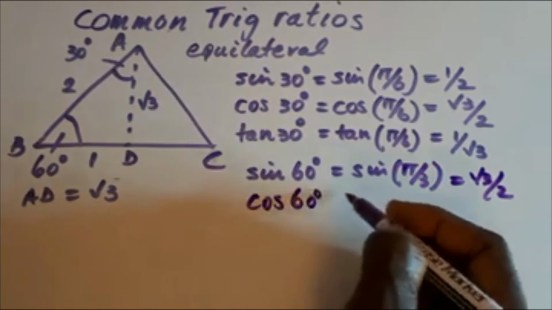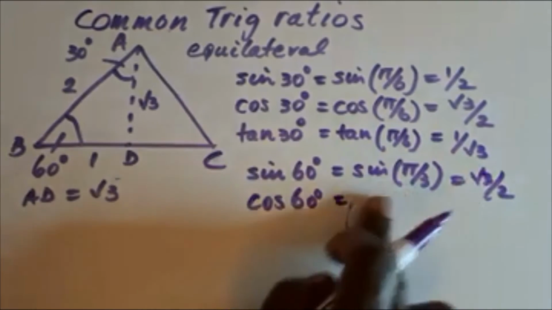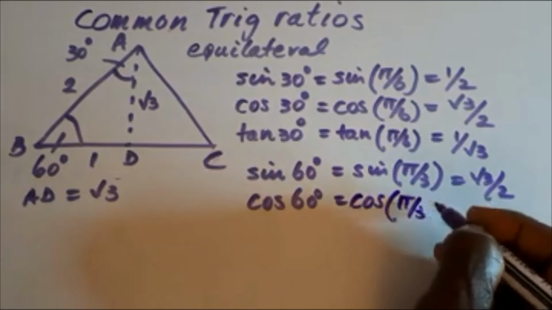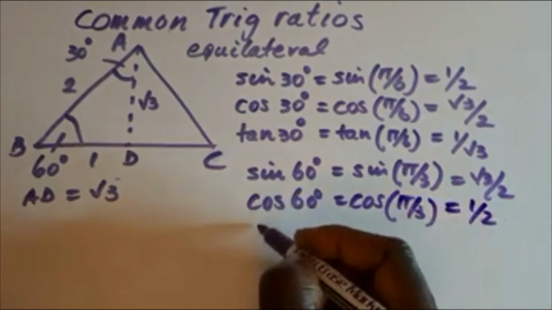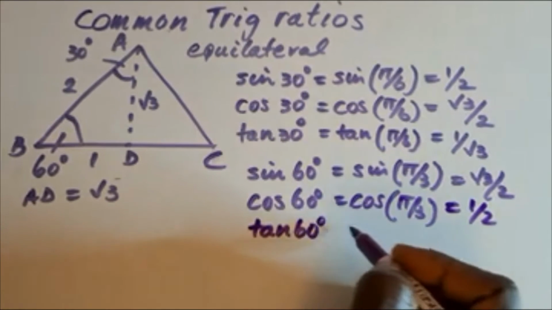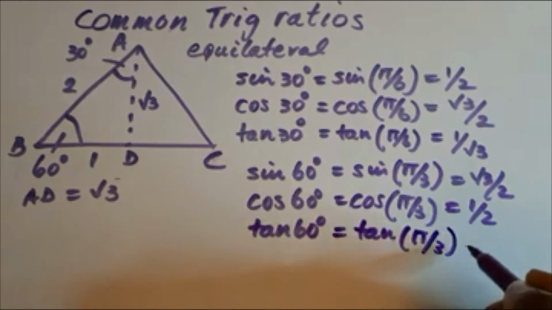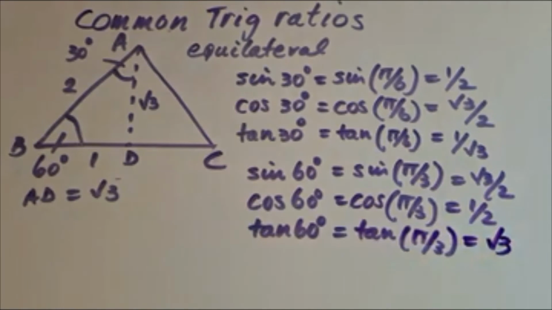Cosine of 60, same as cosine of pi over 3, is equal to a half, and tan 60, tan pi over 3, is equal to root 3. And there you have it. We have the common trig ratios.